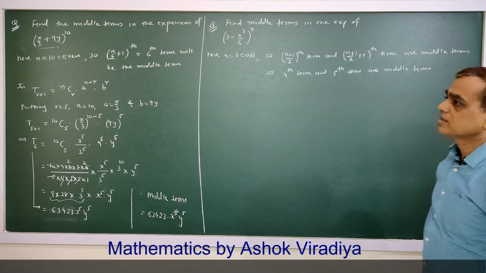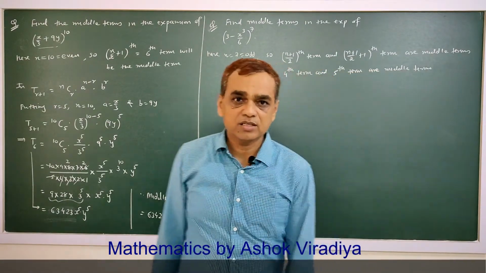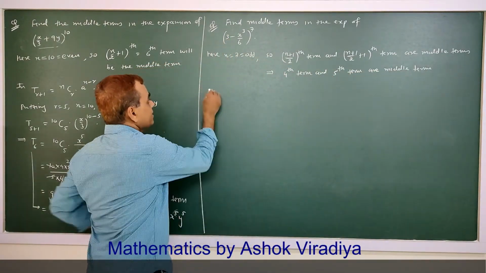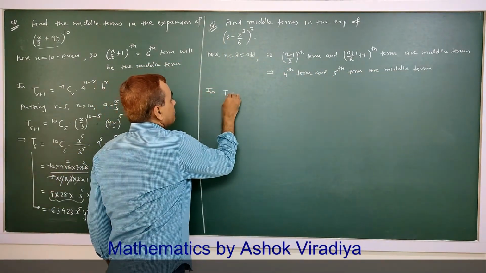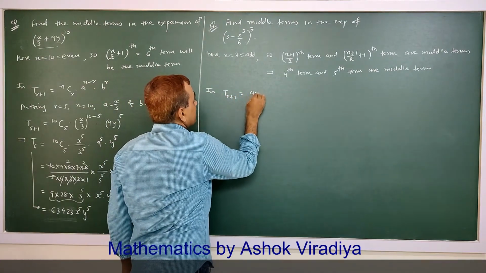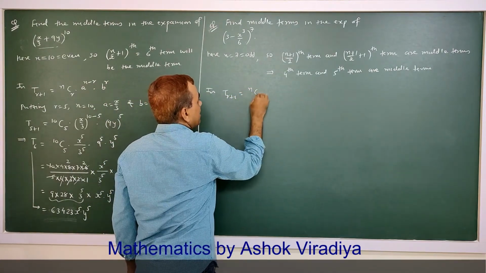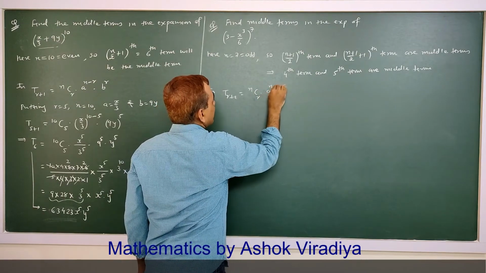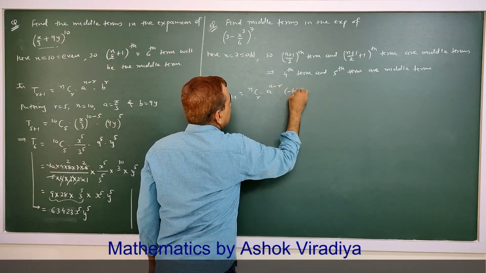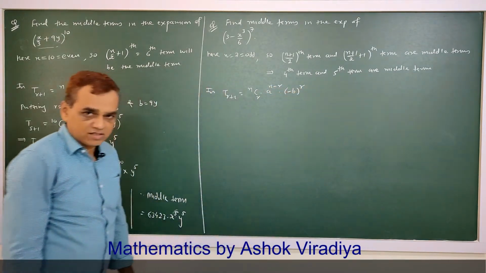So here we use the formula, because there is a minus sign: the r plus 1th term is NCR a raised to n minus r into minus b raised to r.